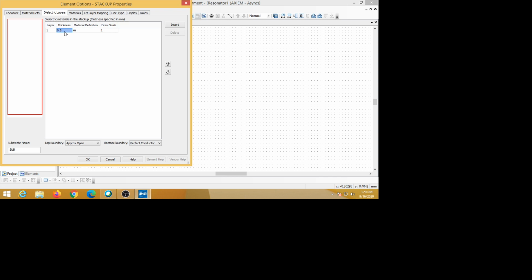You set the air height equal to 20 mm. Automatically, if you write 20 under thickness, it will take that unit as 20, you need not write mm here. So only air is kept, and above our structure the air height is equal to 20 mm.